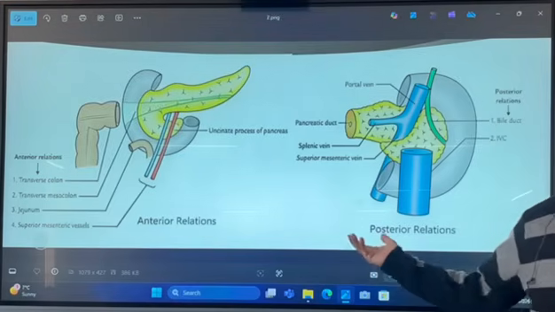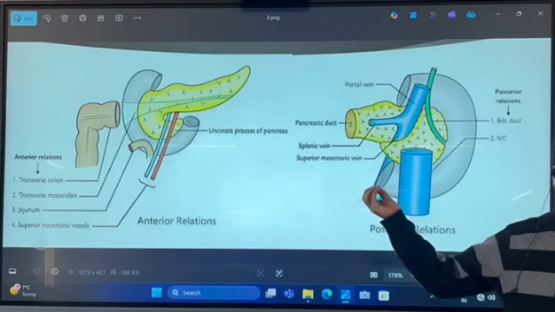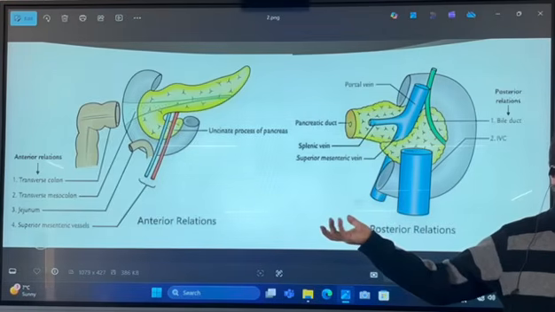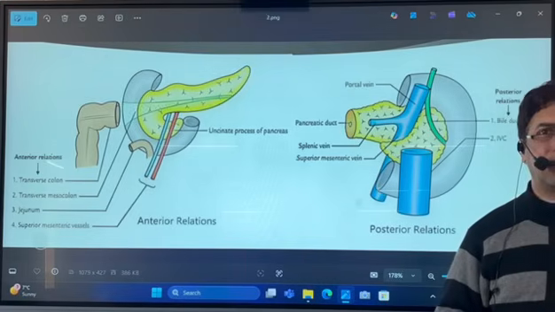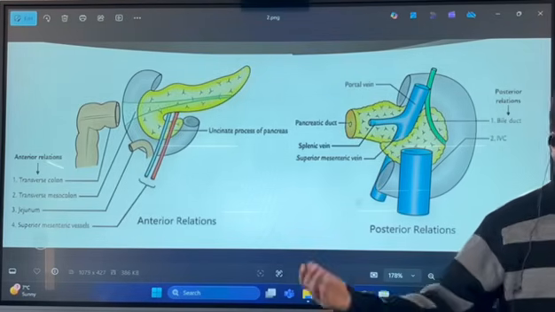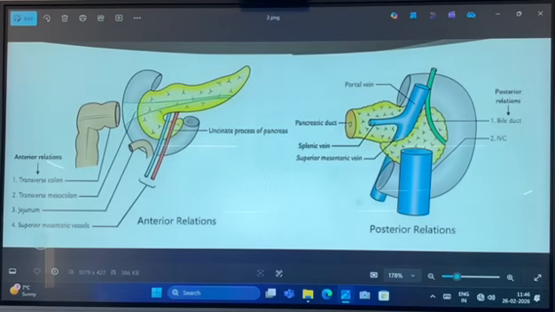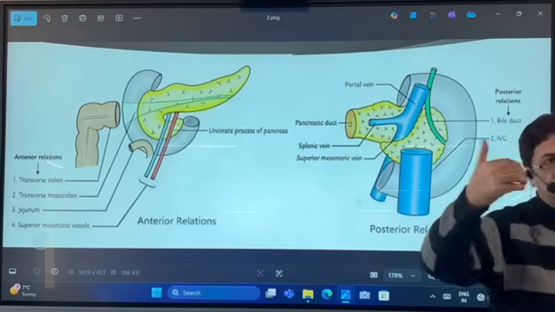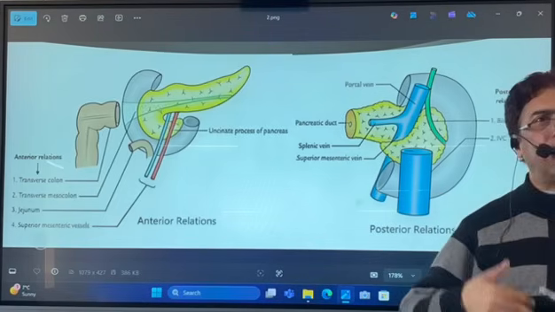We just studied the ducts. Say there's a stone in the ductal system, the main pancreatic duct or the accessory pancreatic duct. What will happen to the ductal secretions? Will they go out? Will they drain into the duodenum? No. What will happen? There will be a reverse flow. There will be congestion, passive congestion. And what happens? There will be release of pancreatic enzymes.